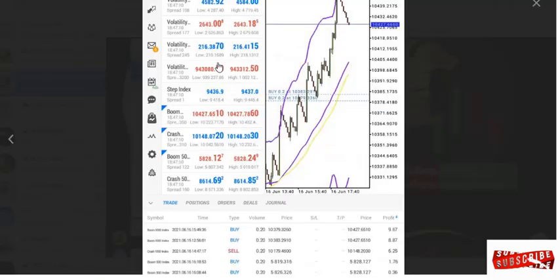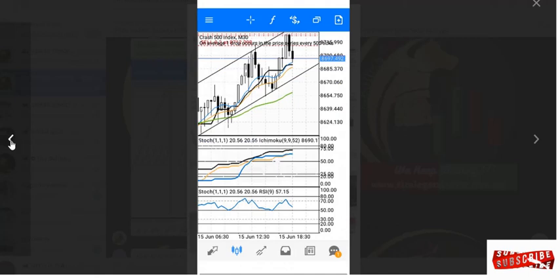Look what the students are doing in the community. You see the massive move, making good results every single day. The difference about this community and any other is that I have taught them how to trade the market, not just with indicators, but also how to apply proper price action.